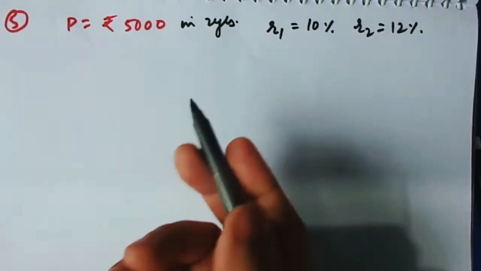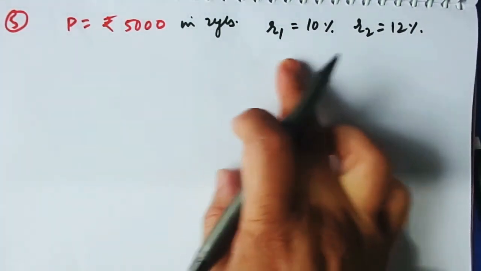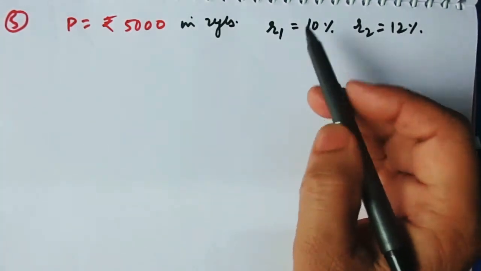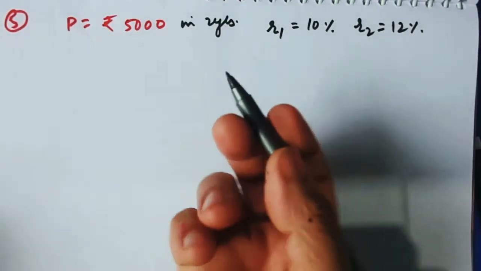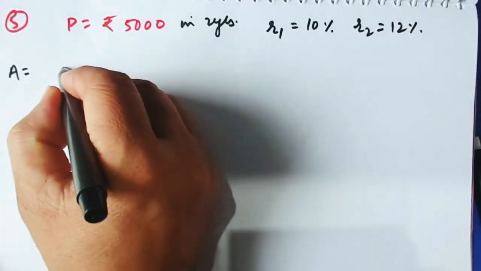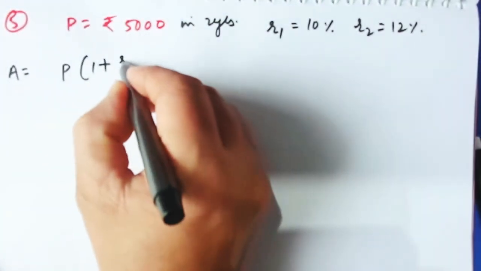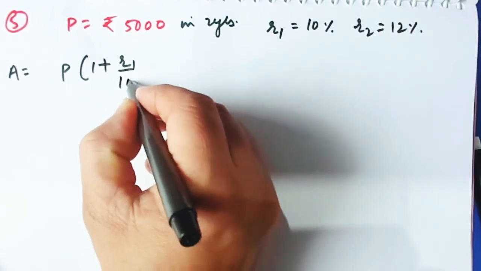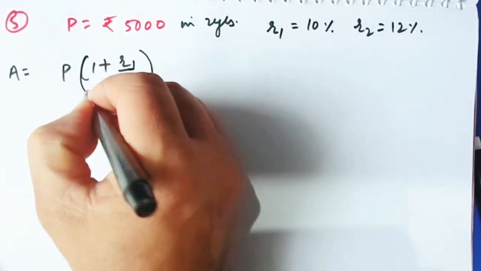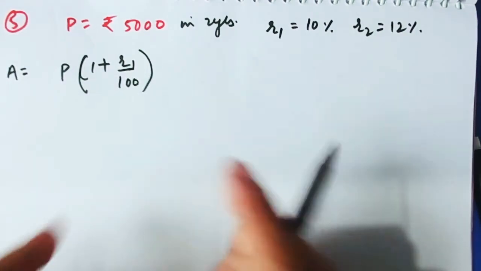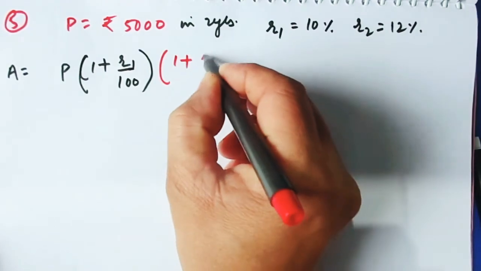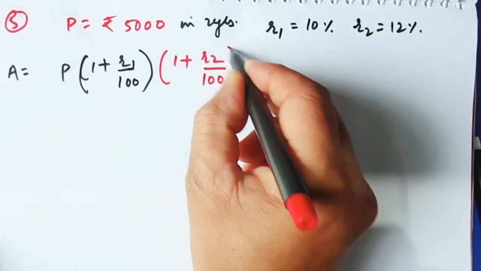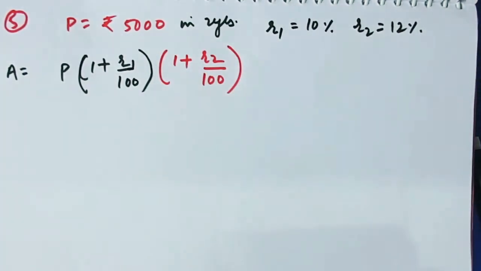Use the formula: Amount is equal to P times 1 plus R1 by 100 for one year, and for the next year 1 plus R2 by 100, for the second year. Work done.